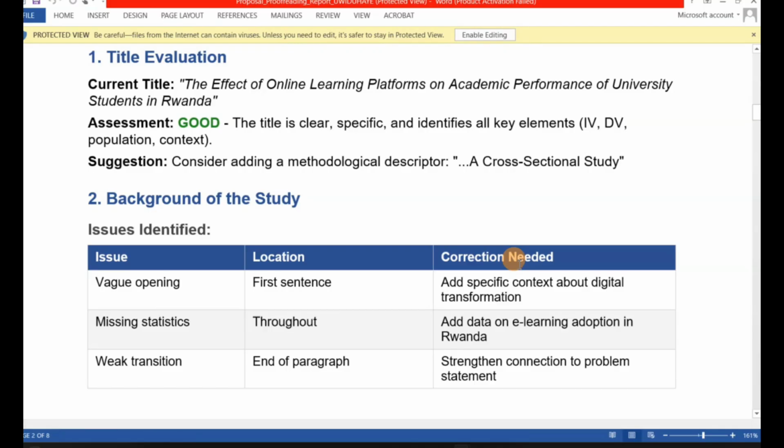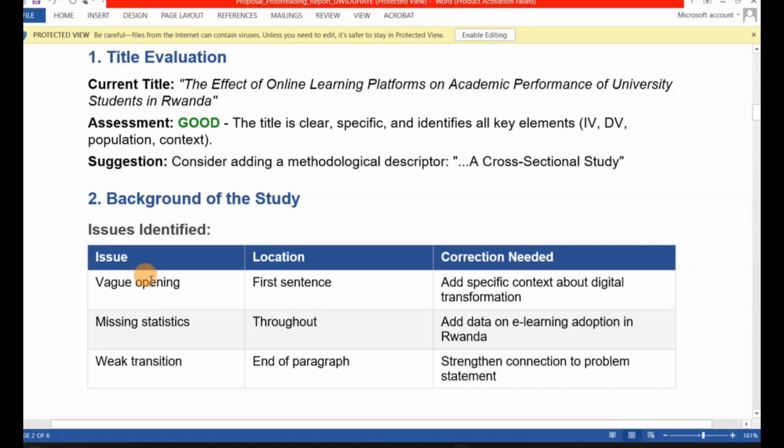And the suggested one, you need to add some methodology description, cross-section studies, because it should be cross-sectional among the universities. Maybe we have the ERICA platform, the UR platform, University of London, University of Kigali. She can also assess other universities' platforms, how helpful they are.